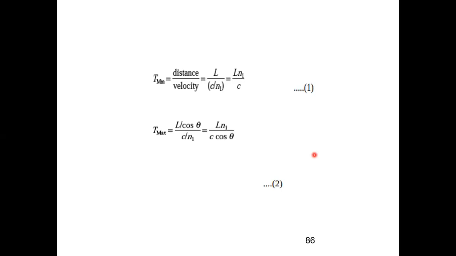Now write down, using Snell's law of refraction at the core cladding interface, sin phi c, the critical angle, is equal to n2 by n1, which is equal to cos theta.